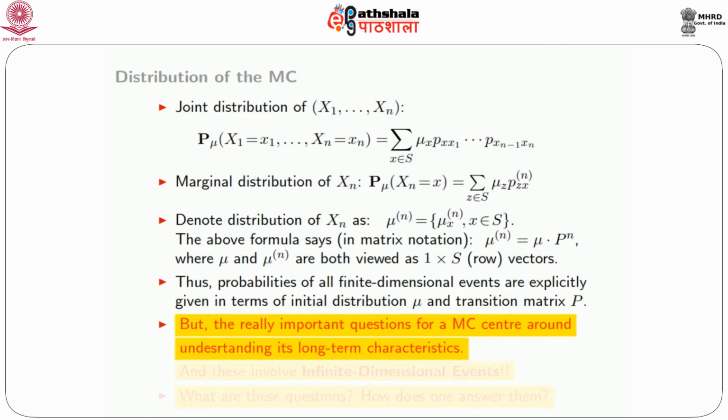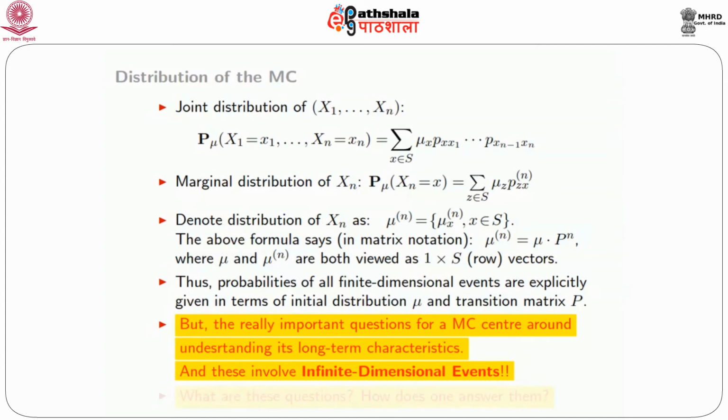But the important question for a Markov chain really centers around understanding its long-term characteristics. One is really interested in those things, and somehow understanding these long-term characteristics involves infinite dimensional events.